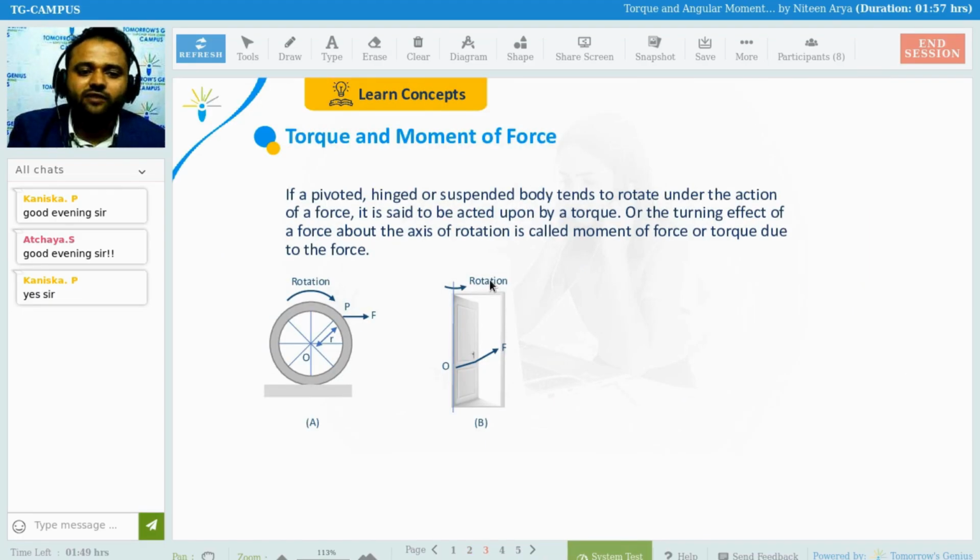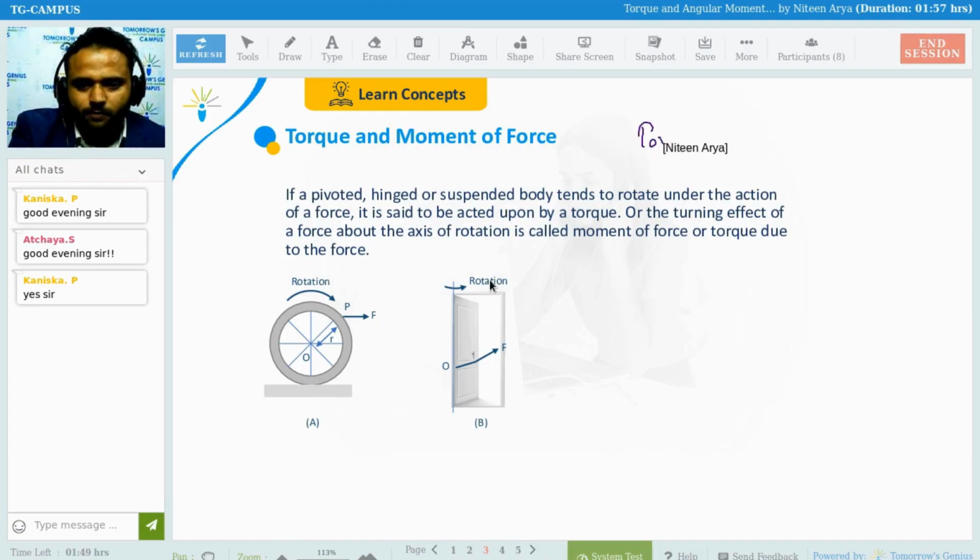The main thing starts from here. A very basic example you can see in your day-to-day life is the rotation, or rolling, of a wheel or any particular object, and the rotation of a door around its axis, or around its hinges. So this is known as your moment of force.